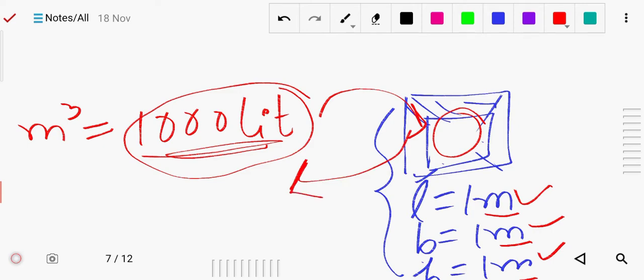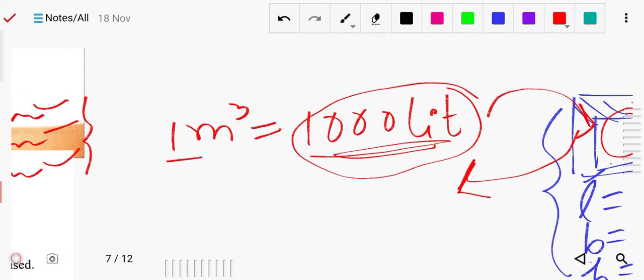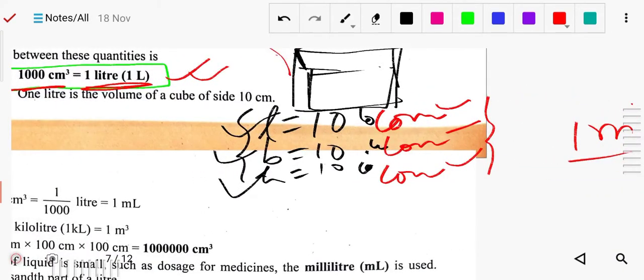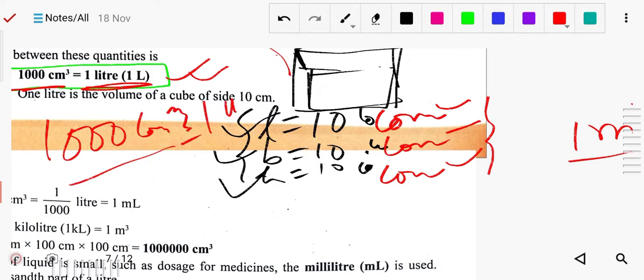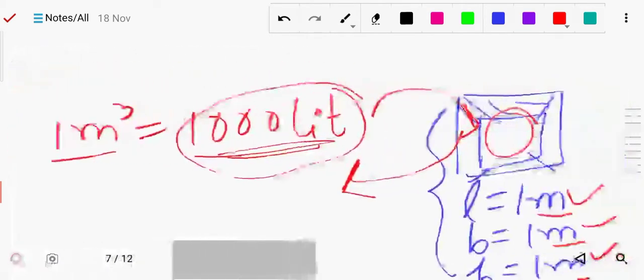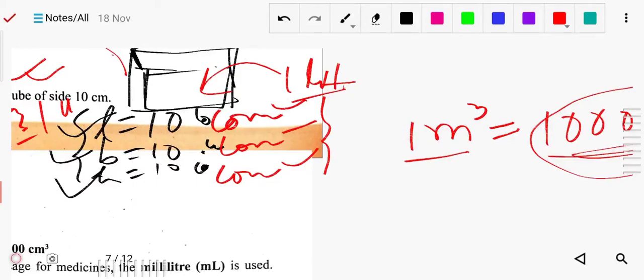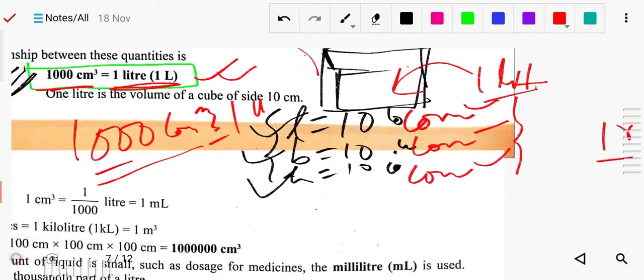So 1 meter cube equals 1000 liter, and 1000 centimeter cube equals 1 liter, meaning its dimensions are 10 centimeter, 10 centimeter, and 10 centimeter, so it can hold only 1 liter. If it is holding 1000 liter, its dimension is 1 meter cube. If it is holding only 1 liter, its dimension is 1000 centimeter cube.